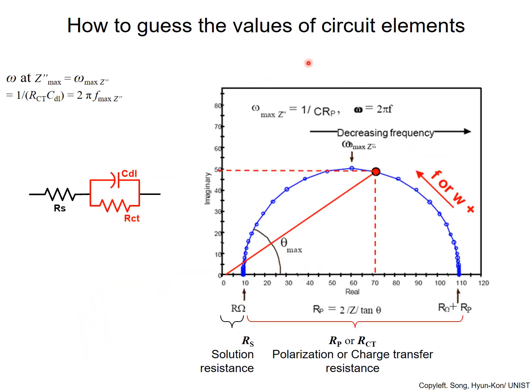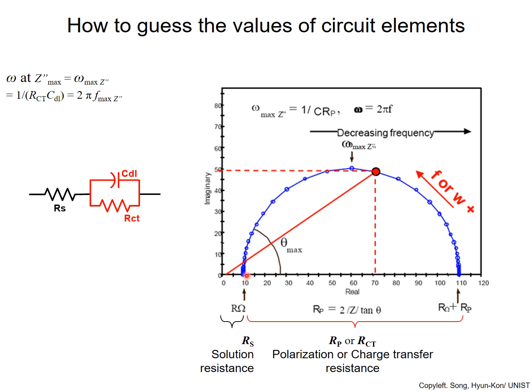Okay, the same thing. At low frequency, the frequency increases along this semicircle, and then finally we meet the x-axis again at very high frequencies. At high frequencies, you could obtain the value of the solution resistance in the same way shown in the non-Faradaic processes.